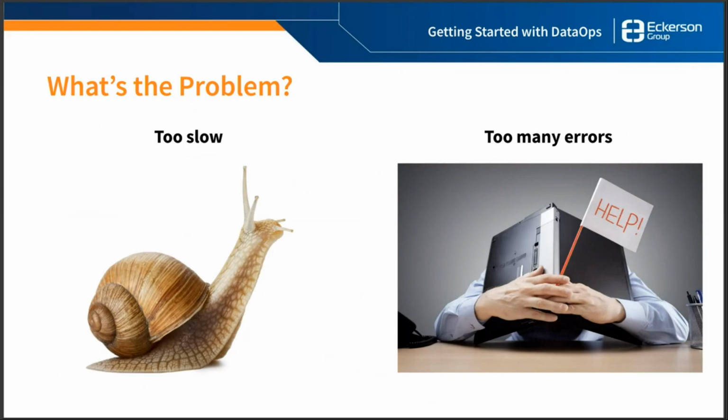Maybe this is periodically updated in a waterfall style of development, similar to what we might have seen in the software world a decade ago. So this is the problem. Data takes too long, it has too many errors, and that leads to business user frustration and lack of trust in the data.